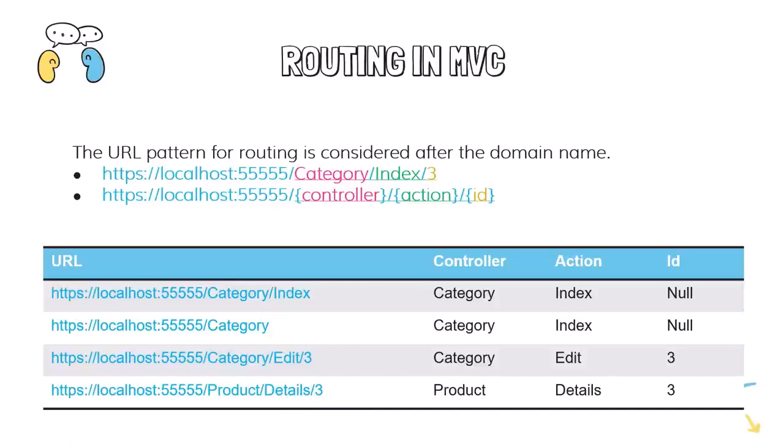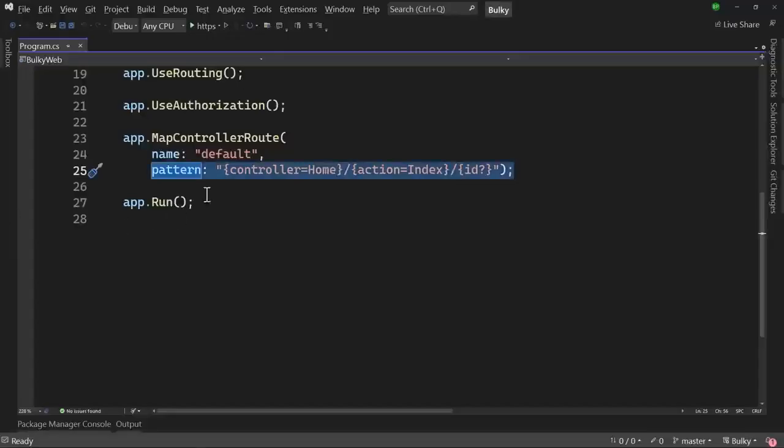Now you might be wondering, what is the importance of this assignment? Well, it is really important. From now onwards, if you look at a URL that is using MVC architecture, you can tell what is the controller name and what is the action name. Now if I go back here, we are saying that the default controller is home and action is index.